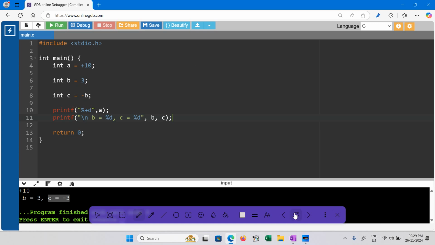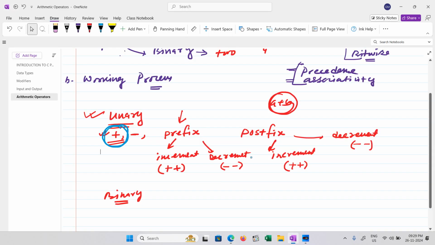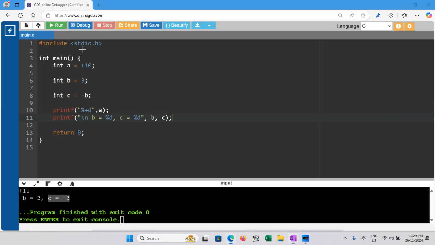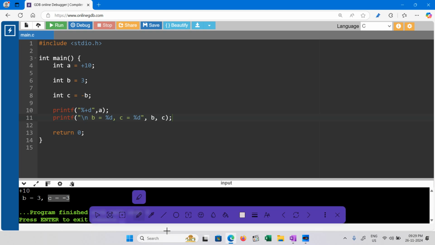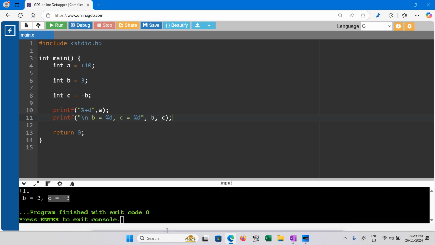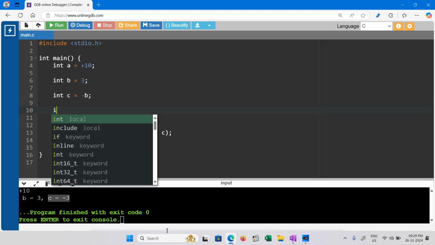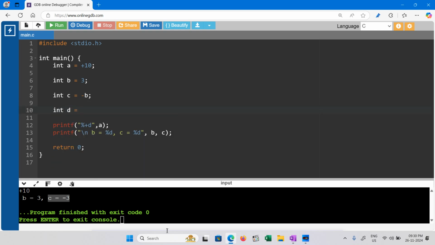Now let us focus on the prefix. So our main part of the discussion will be this prefix and postfix. There are many things we need to understand: their working process, their order of execution. Okay, many things. So now let's go back to the main part and discuss this prefix and postfix. If we are updating another variable, I have taken integer d.